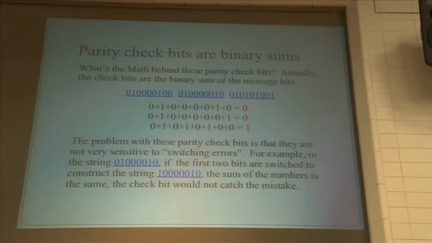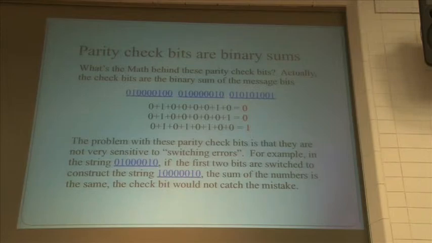So we're kind of bringing all this full circle. So for the first code, if you add all of those numbers together, yes, 1 plus 1 equals 2, but in binary, 2 divided by 2 is 1 with a remainder of 0. We're only looking at the remainder. That's why it has a parity check digit of 0.